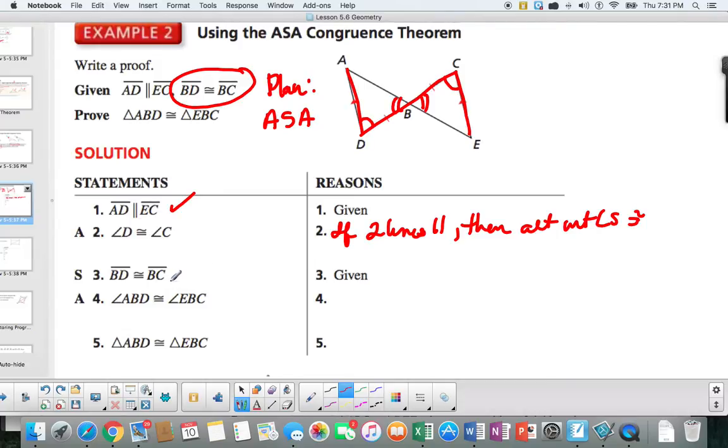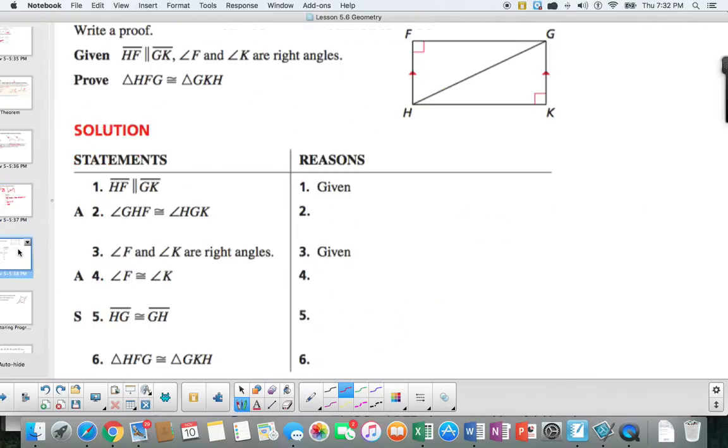BD is congruent to BC, that's from the given. And now we're talking about our vertical angles. Vertical angles are congruent. Now we have our angle, our side, and our angle, so we can say the triangles are congruent by angle, side, angle. And again, angle, side, angle is a shortcut for rigid motion.